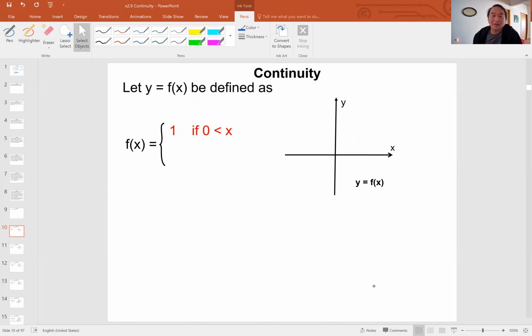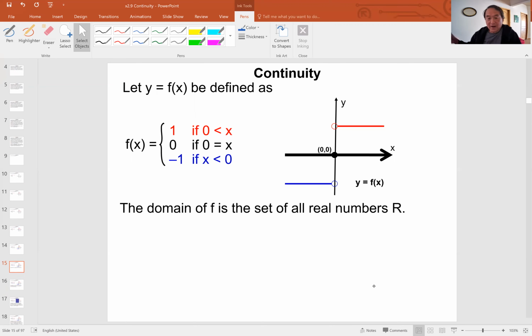Here's the function. We let f of x be defined to be 1 on the right-hand side, 0 at 0, and minus 1 on the left-hand side. This is highly disconnected, two pieces of line. If the domain is defined over the entire real line, it is discontinuous.